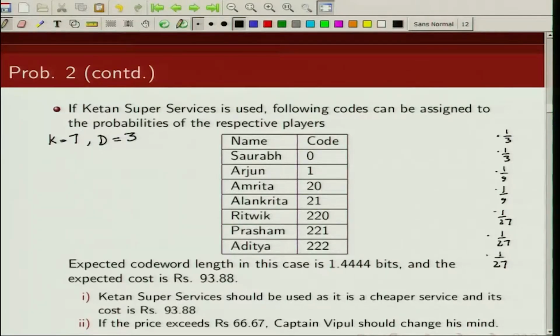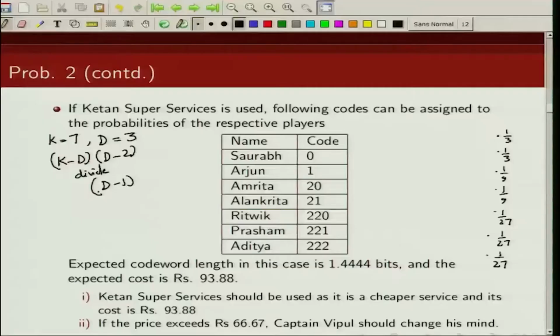And how do we find that out? Take K minus D times D minus 2, and divide this by D minus 1; whatever remainder is left. So K minus D in this case is 4 and D minus 2 is 1. So 4 divided by 2, remainder is 0.